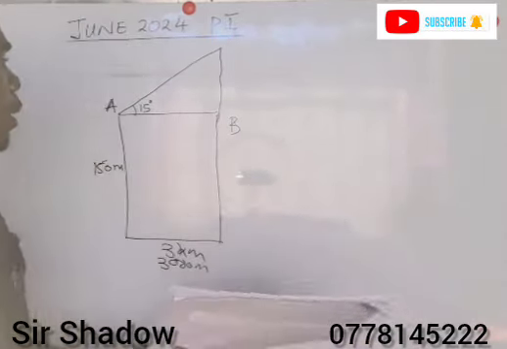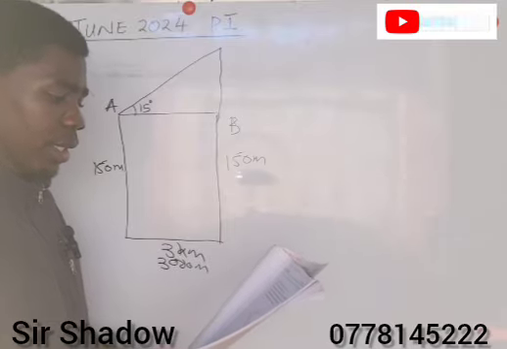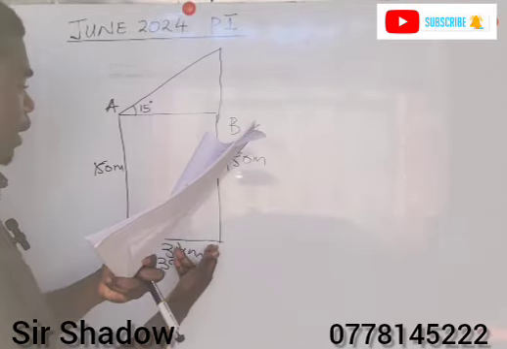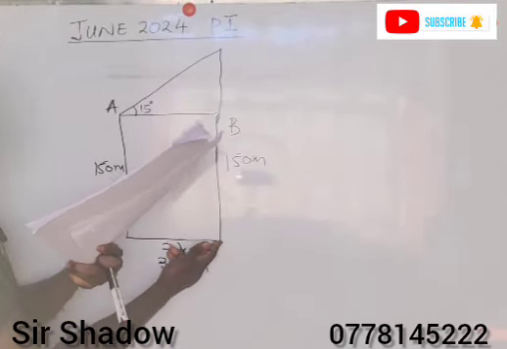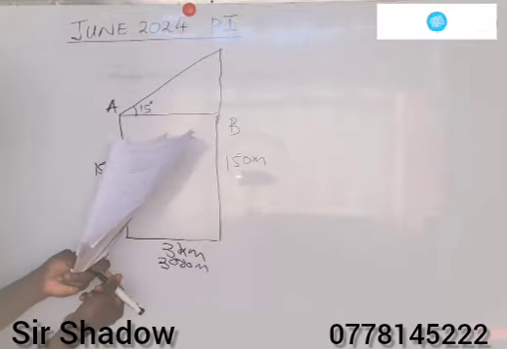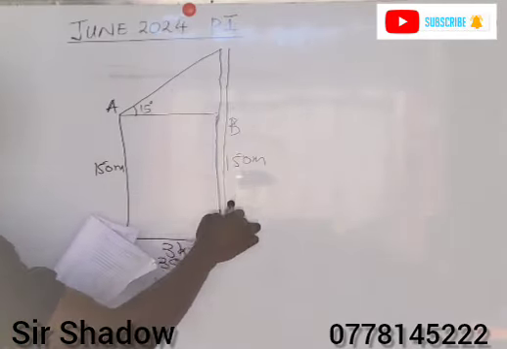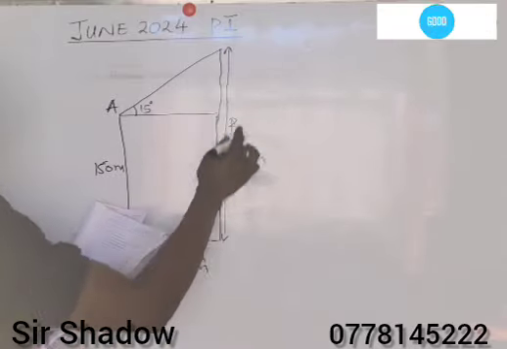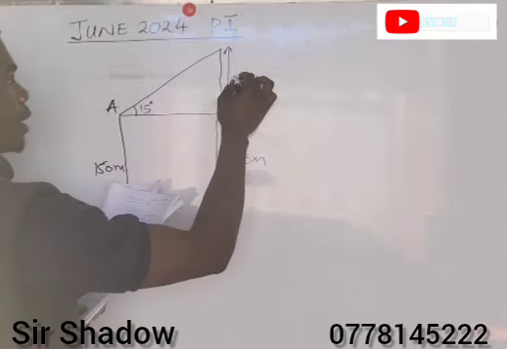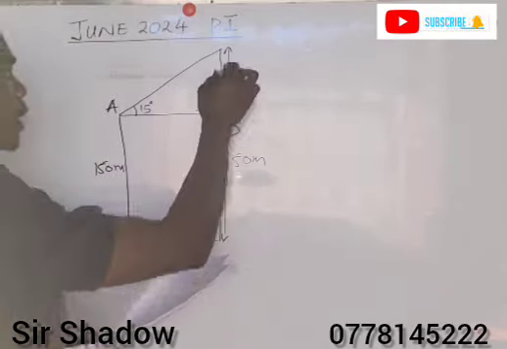Our question is, find the height of B above sea level. So we want to find this length, but here is 150. Let's say this length is y.